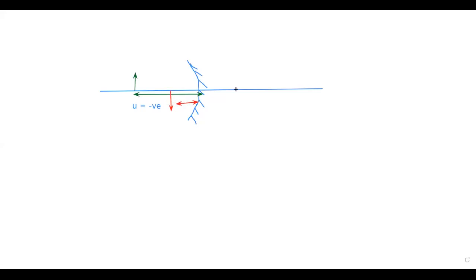While if the image is formed on the right side of the mirror, whether downward or upward, the distance between the pole and this image is v, and v will be taken as a positive number.